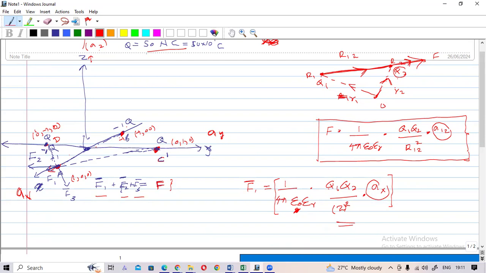If you consider these vectors, this vector added to this vector is equal to this vector, correct? That is the vector addition theory. You may have learned it. So this is one vector and this is another vector, and the resultant vector will be like this.